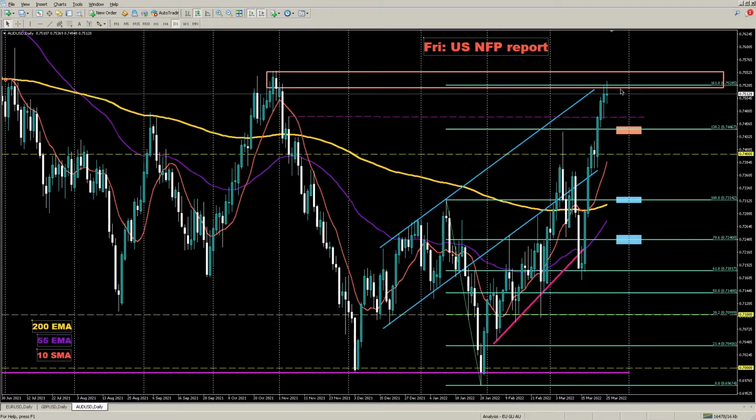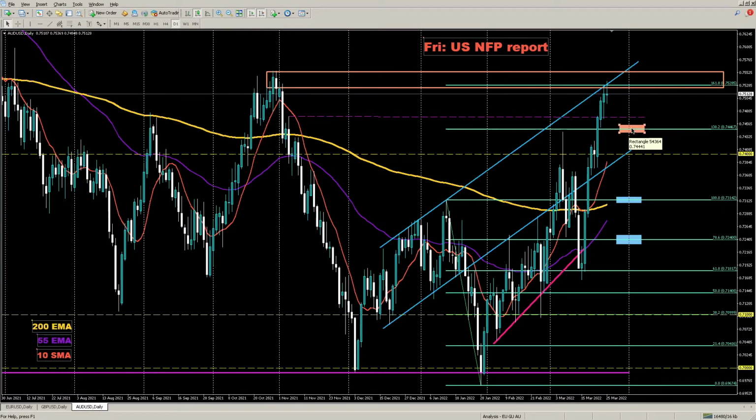So that's a strong recovery back up higher into the resistance zone, and which is right at the top of the bullish channel as well. Yep. So this resistance was breached, and it did reach to this major resistance zone above that.